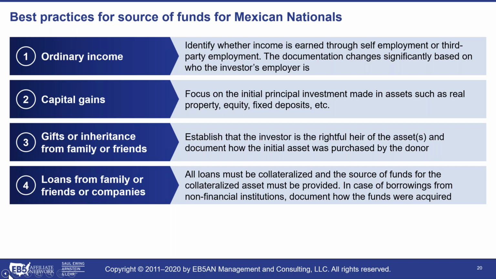So maybe now would be a good time to take 5 or 6 minutes and quickly summarize how the EB5 source of funds works, and then walk through these 4 examples or categories of potential sources of funds and how you would work with a Mexican investor to get through those sections, but in Spanish.